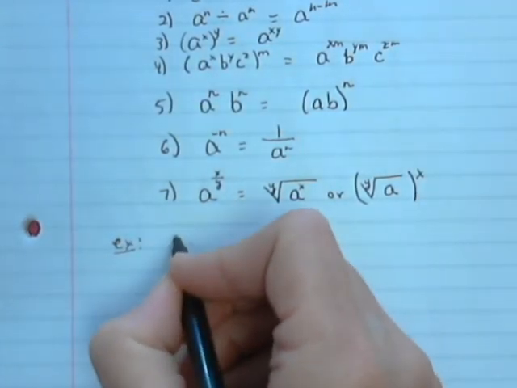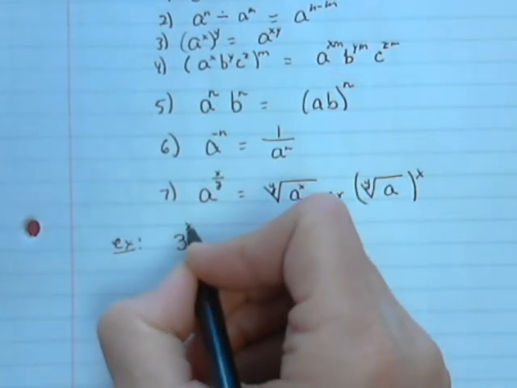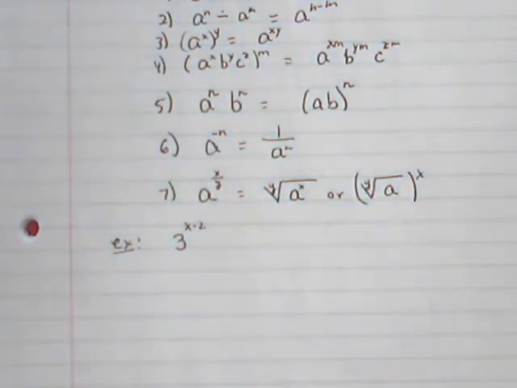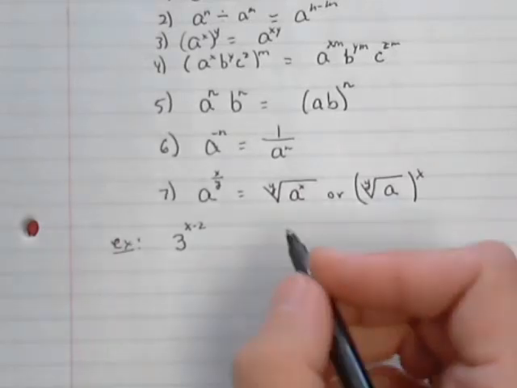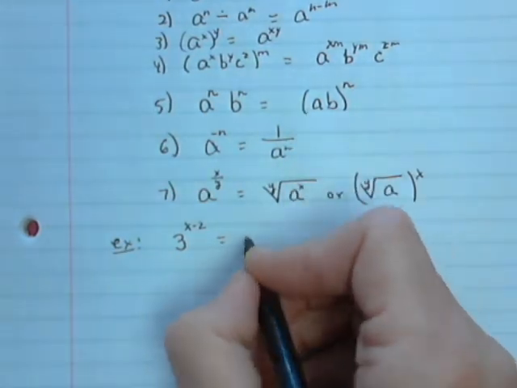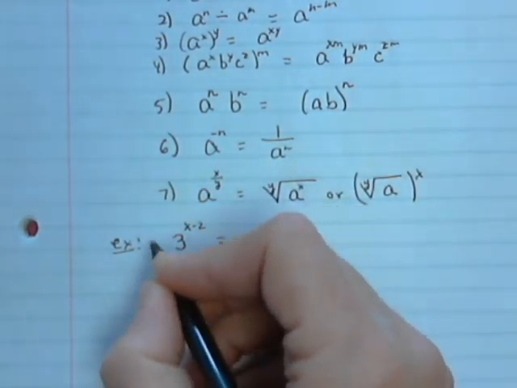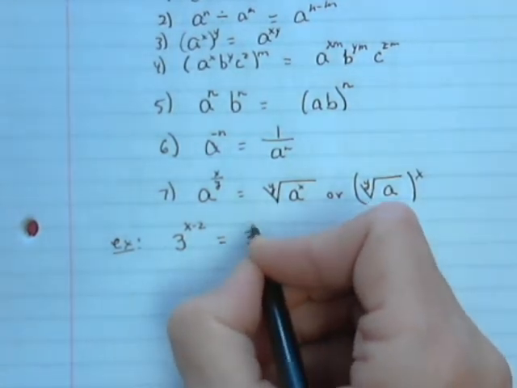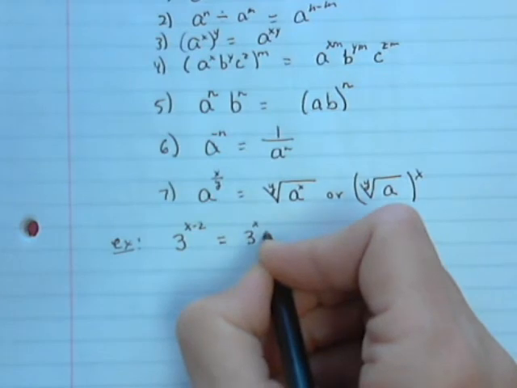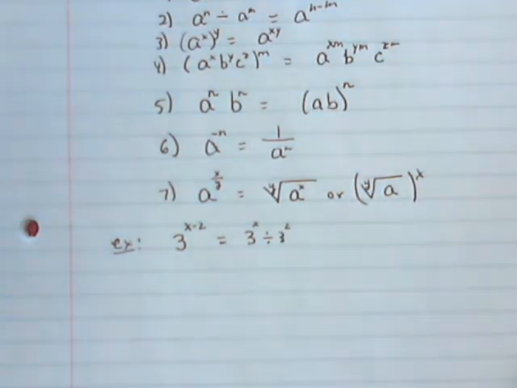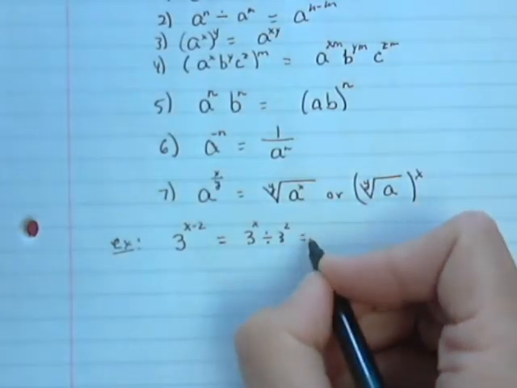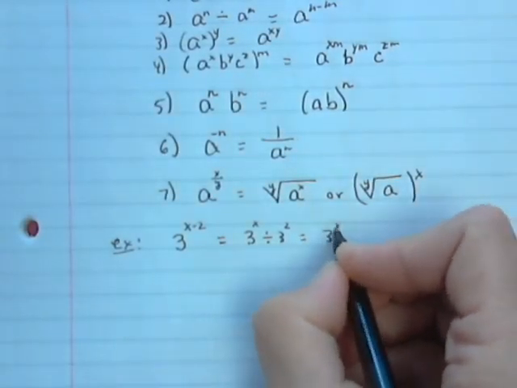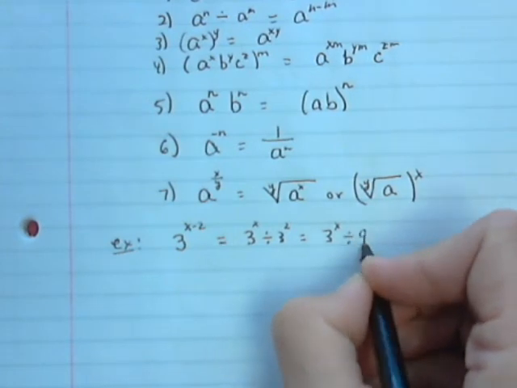So let's say, for example, we have 3 to the x minus 2 power, and we're going to try to make that equivalent to another expression. What you can do is use the quotient rule. Maybe you're asked to simplify this. This is the same thing as 3 to the x divided by 3 to the second power, with the quotient rule used backwards, which is the same thing as 3 to the x divided by 9.